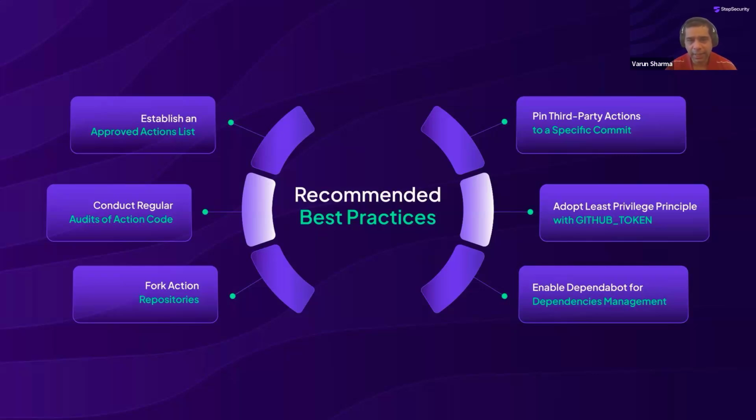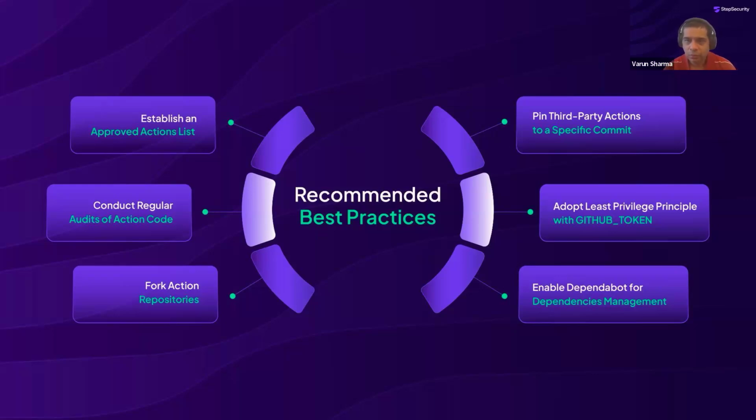And that leads to the next best practice, which is to review the action code and the repository configuration to make sure that it's in good standing before it is approved for use. Forking these repositories is also a best practice, although that can lead to a lot of work in maintaining those forks.